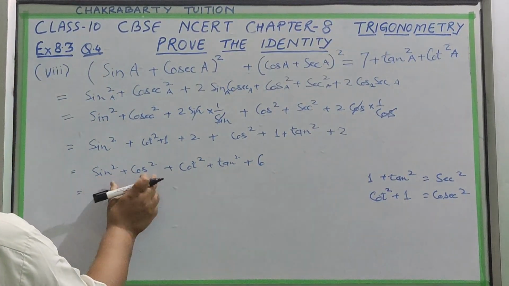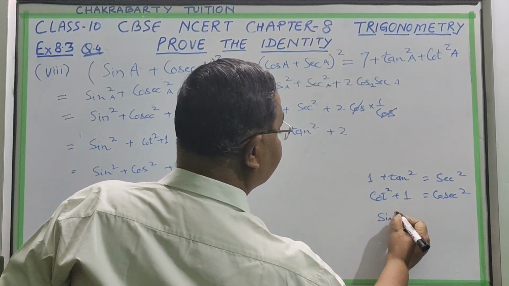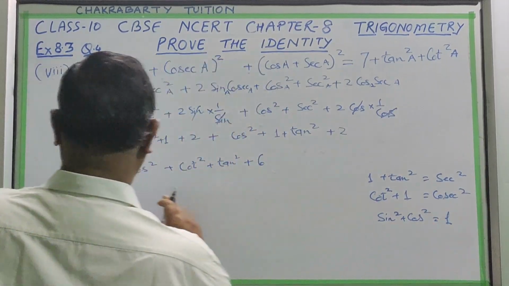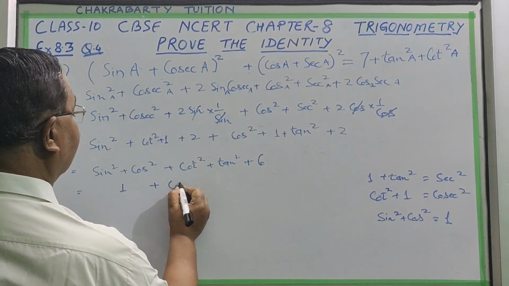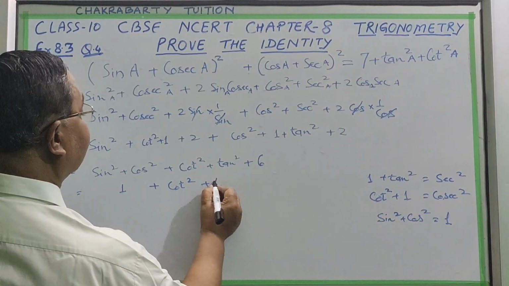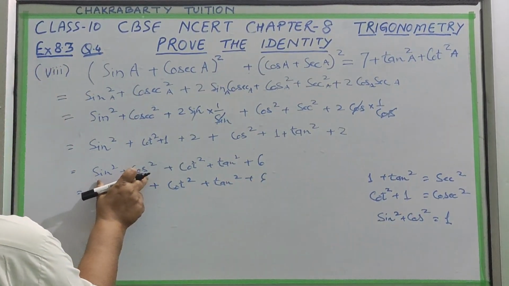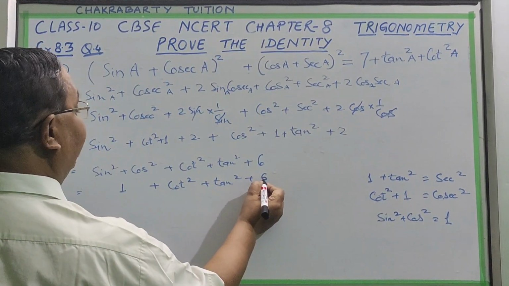And sine square plus cos square, we have another formula: sine square plus cos square equal to 1. So here we can replace: 1 plus cot square plus tan square plus 6. In place of sine and cos, we have used 1. Now 6 will become your 7.